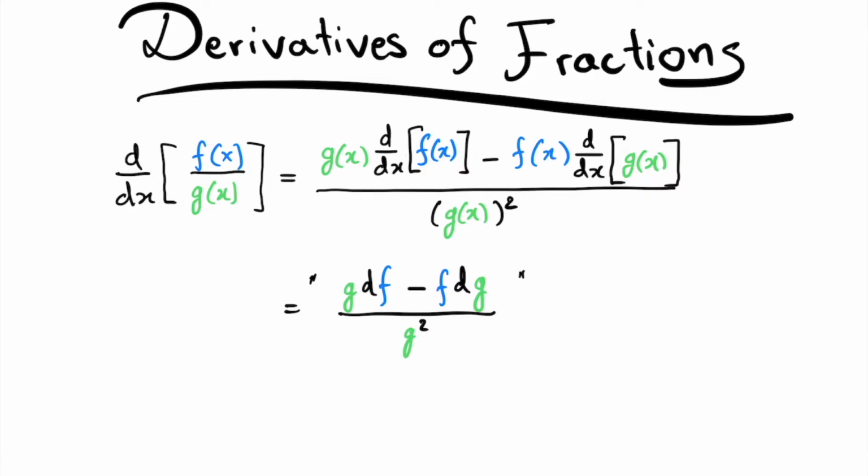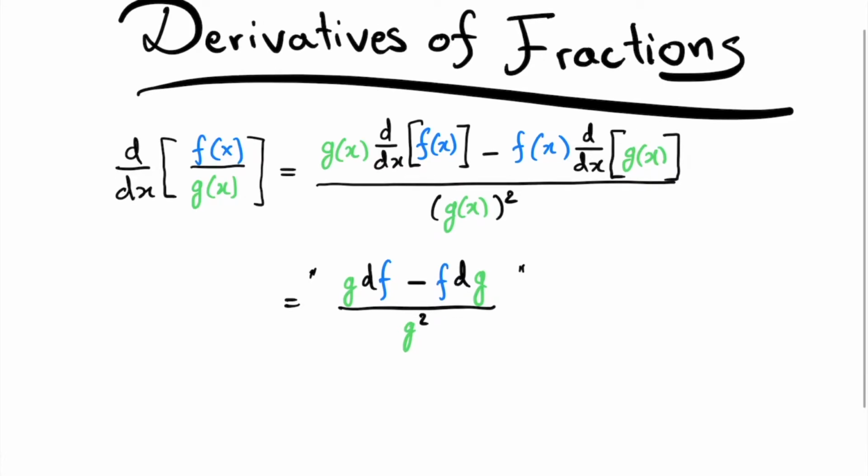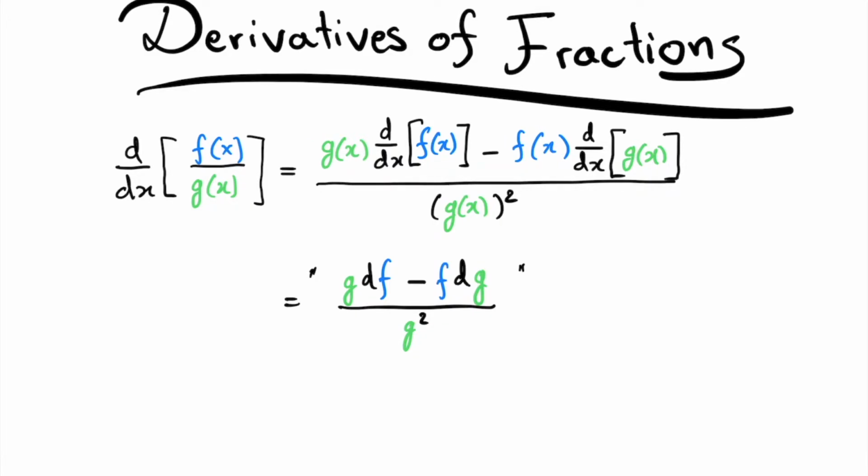Then minus f of x, so you leave f unaltered, and you take the derivative of g of x. And you divide these two terms by g of x squared. Because this is quite a mouthful, I always remember this complicated formula by just saying g df minus f dg divided by g squared. With that general theory out of the way, let's go to the exercises to see how this works in practice.